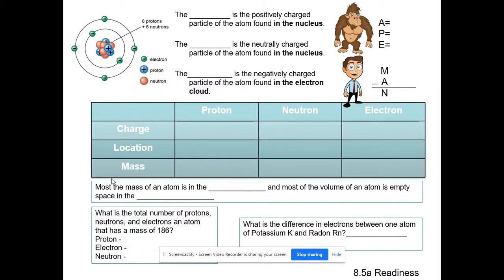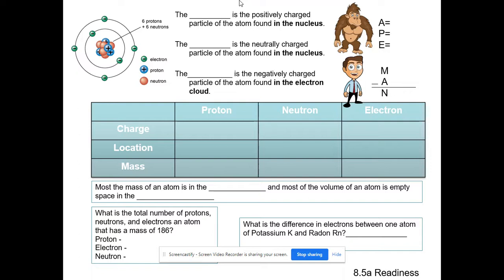All right, so notice on the side here we have a Bohr model. We have electrons, protons, and neutrons. The electrons are tiny and negative. The protons are large and positive. The neutrons are neutral and they're also large. They're just slightly larger than the proton, but about the same size.